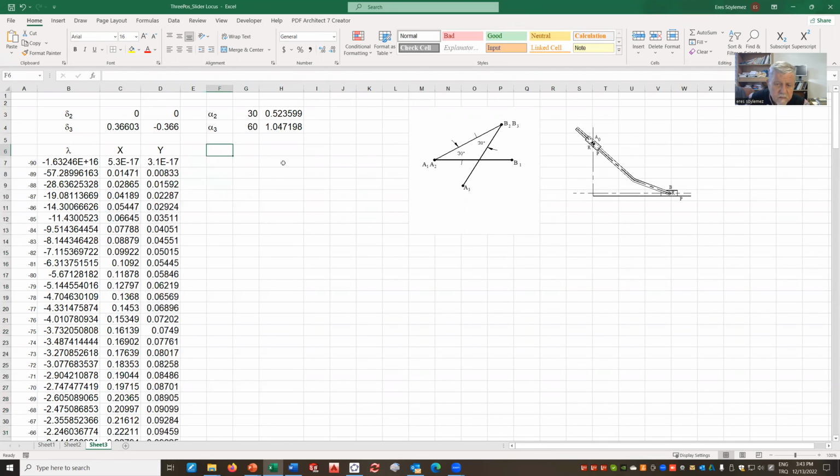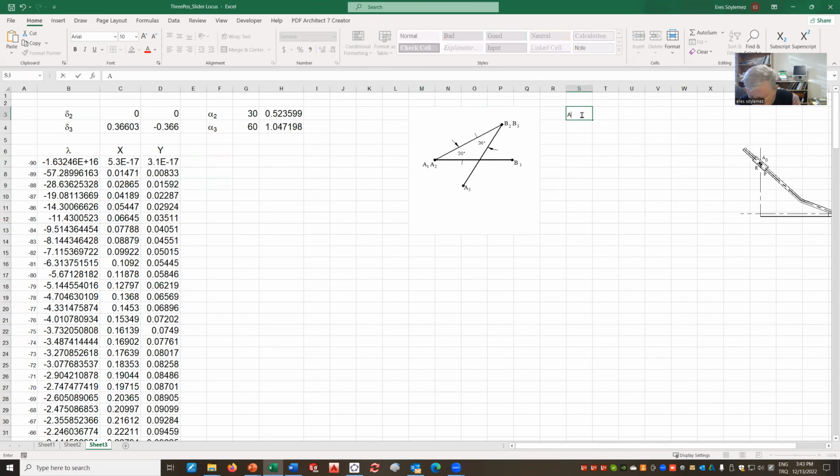Now, let me plot what I have done until now over here. In order to do that, first of all, I will get these points. So I will move this over here. I will write A1, B1.